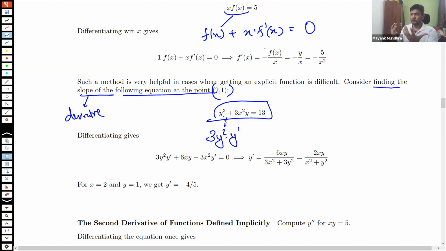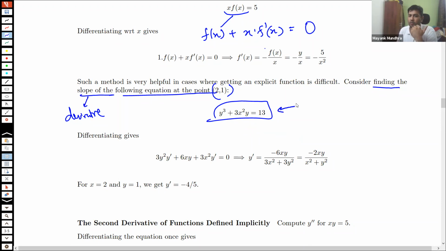If you're getting confused, you can replace y with f of x, so this becomes f of x cubed plus 3 times x squared f of x. But an easier thing is to just assume y is some function of x, and start differentiating.